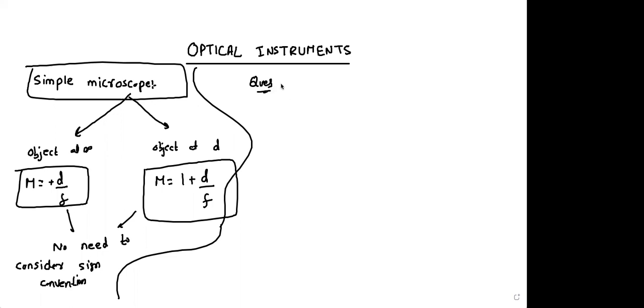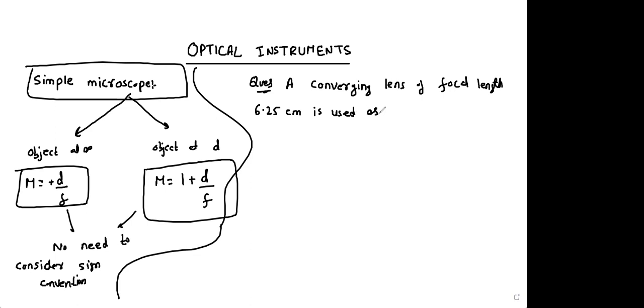Okay, solve this numerical. A converging lens of focal length 6.25 centimeter is used as a magnifying glass.